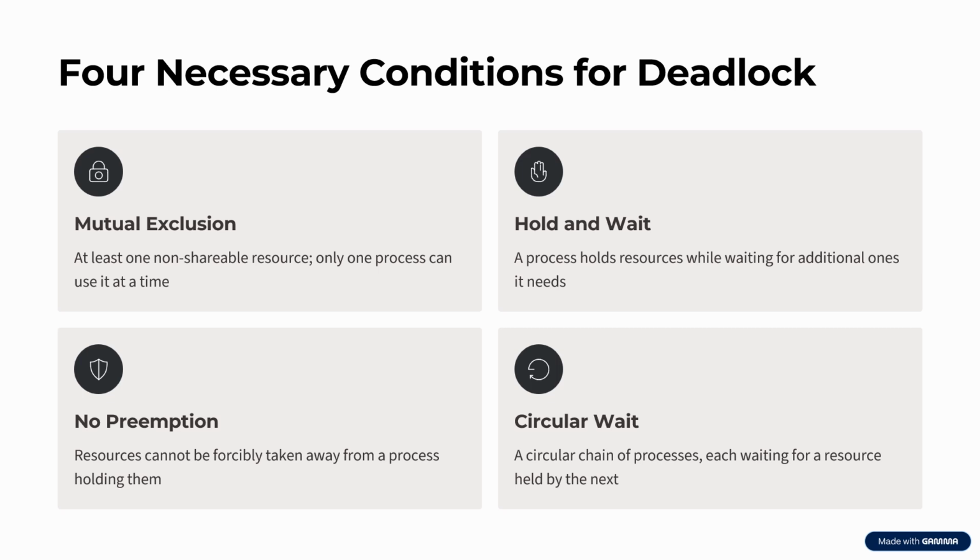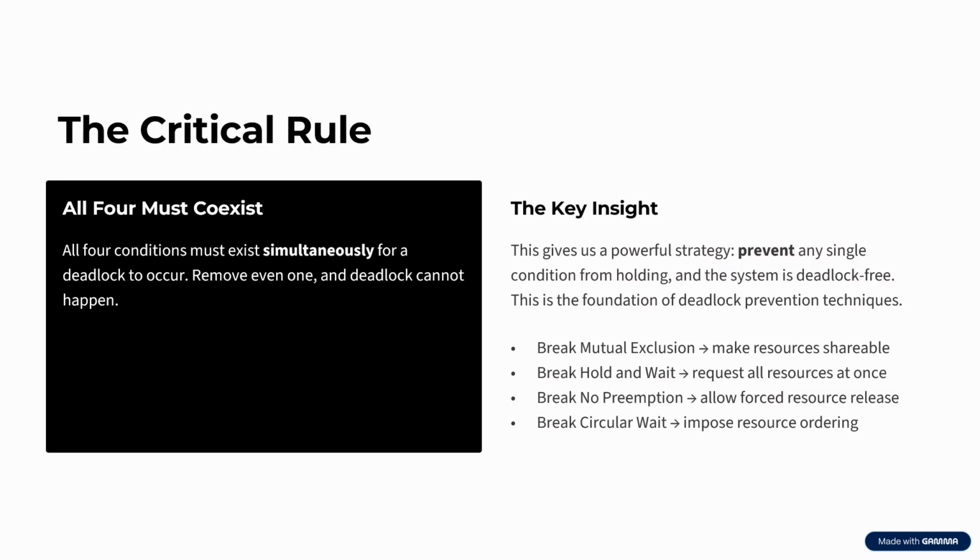So, these are the four necessary conditions for deadlock: mutual exclusion, hold and wait, no preemption, and circular wait. The critical rule here says all four must coexist. All four conditions exist simultaneously for a deadlock to occur.